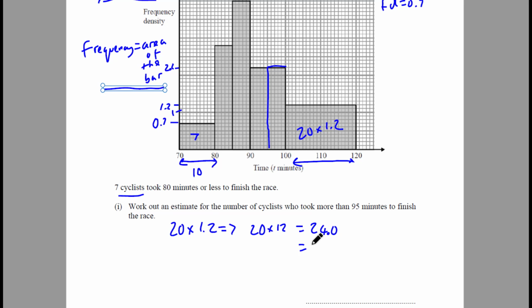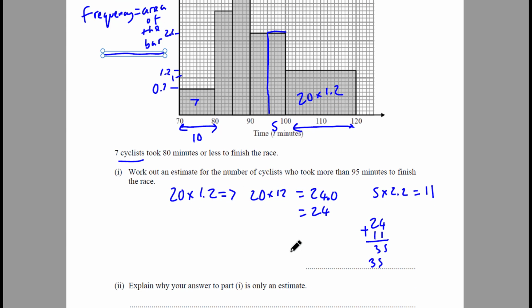So that's 24. Now this bit is 5 and 2.2. Now 5 times 2.2, you should be able to do that anyway, and that's 11. So 24 add 11 equals 35, and that's the answer, 35.